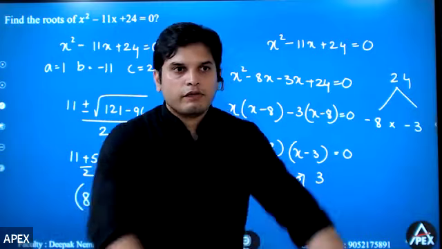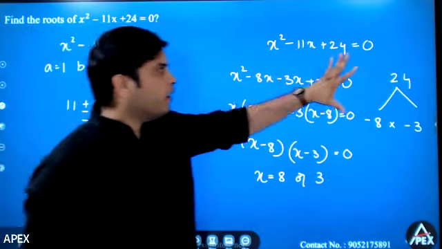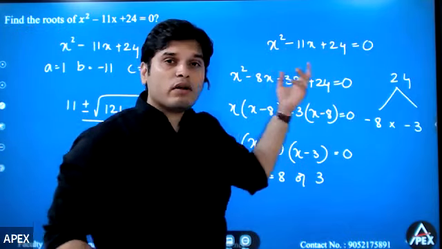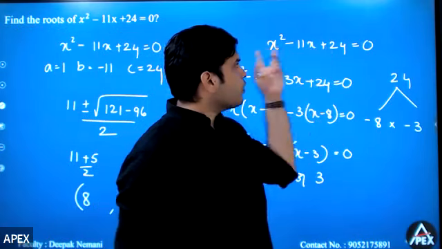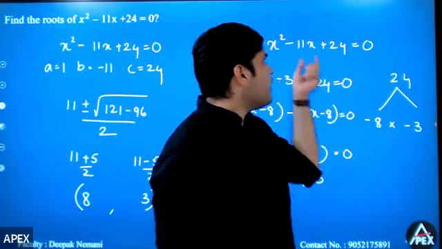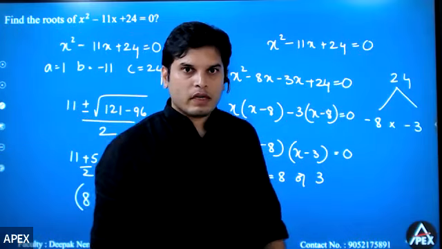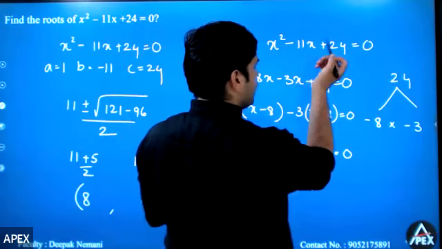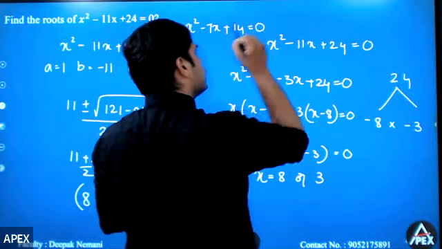Clear, guys? So whenever you come across any quadratic equation, first find whether you can solve that quadratic equation using factorization, because it's not mandatory that every time you can write the product as two numbers which add up to minus 11. It's not mandatory, isn't it? For example, x square minus 7x plus 14 is equal to 0.